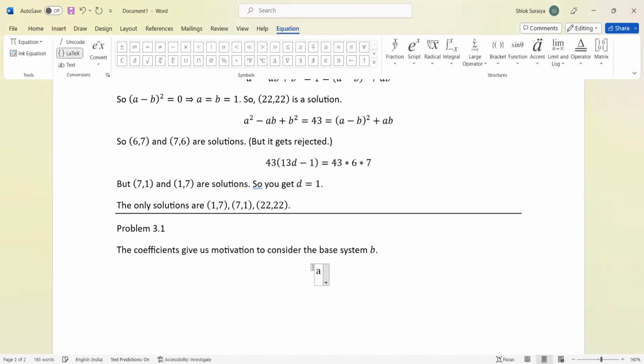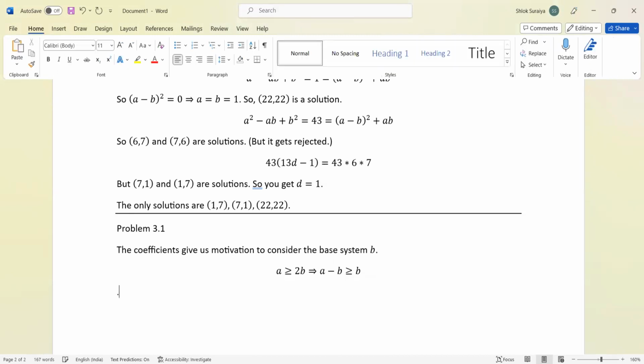since A is greater than or equal to 2B, we can write A minus B is greater than or equal to B, right?